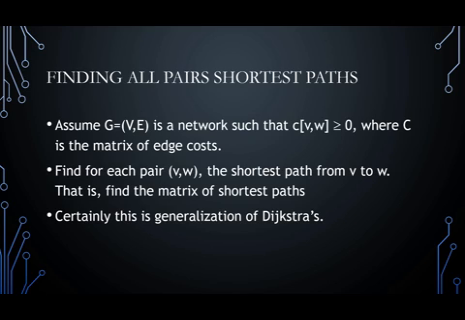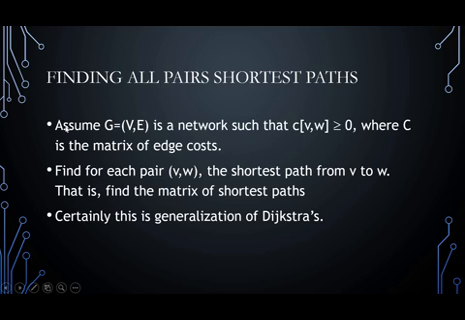But in this problem, if you have three nodes in the network, let me say nodes 1, 2 and 3, then we are interested in finding the shortest distance between all the pairs: 1 to 1, 1 to 2, 1 to 3, then 2 to 1, 2 to 2, 2 to 3, 3 to 1, 3 to 2 and 3 to 3, right? Between all the pairs we are interested in finding the shortest path.